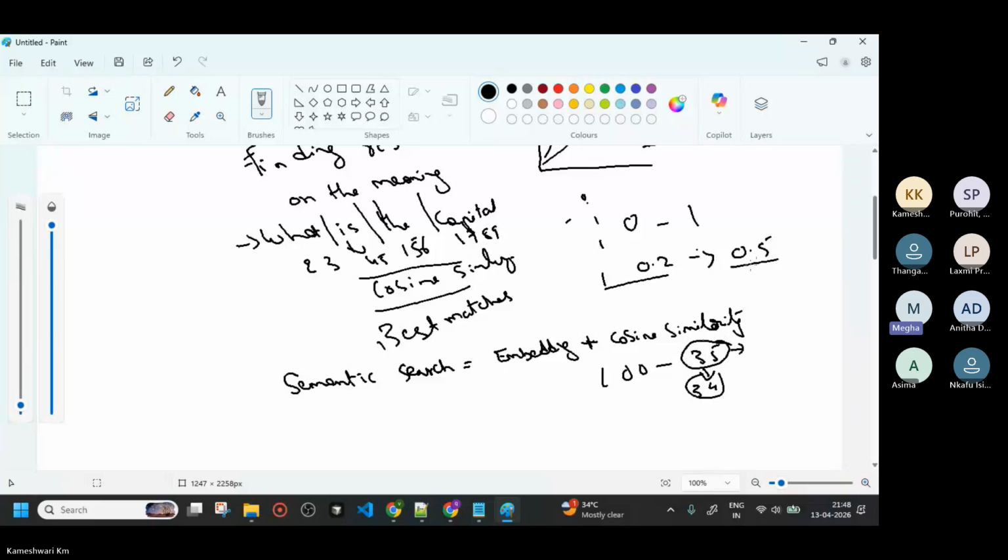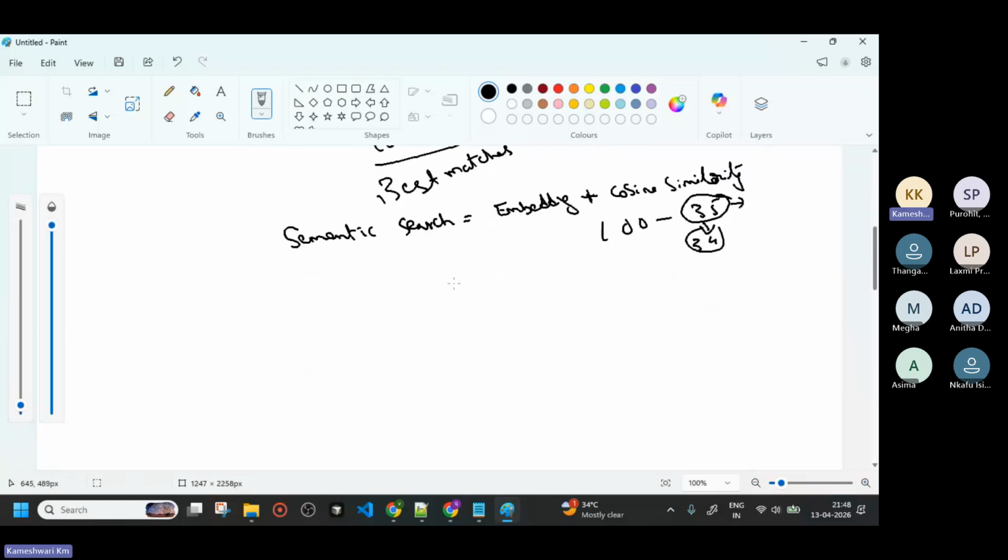The next one is the KNN algorithm, which we will mostly see in RAG. I will explain it there when RAG comes. Normally, I will say what the use of KNN is. KNN abbreviation is K-nearest neighbor.